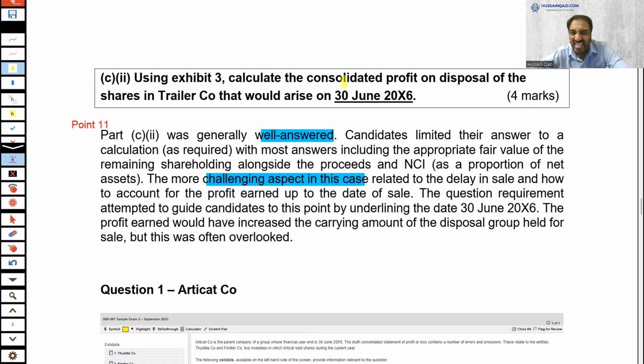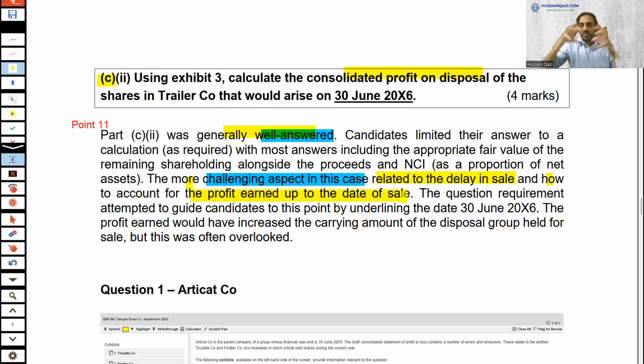Now, the very simple consolidated P&L, Part C2. Generally very well answered because that was very easy. The most challenging aspect in the case related to the delay in sale and how to account for profit earned to date, meaning net assets at disposal.